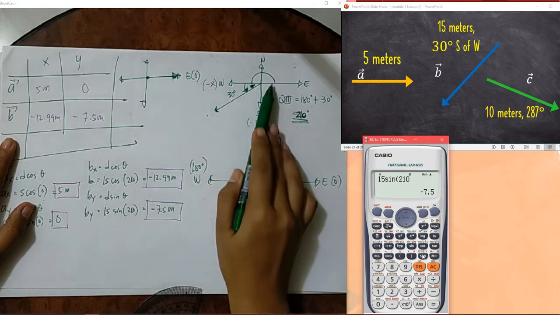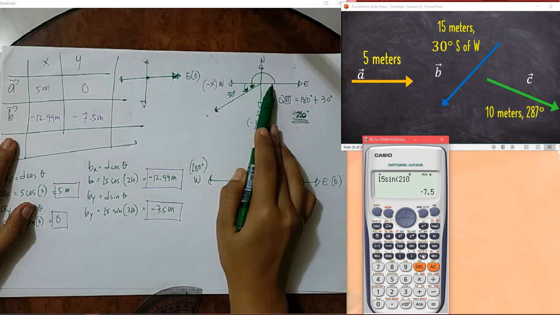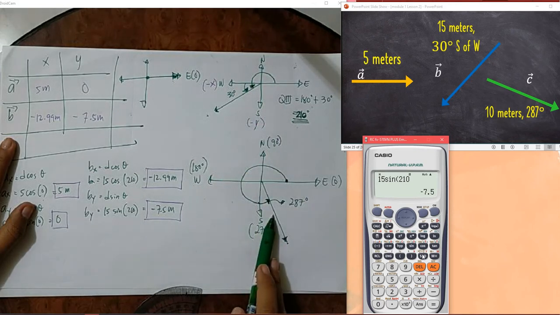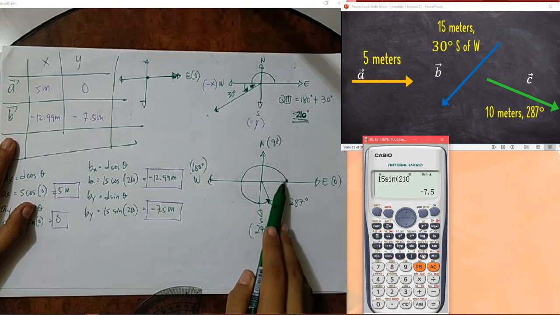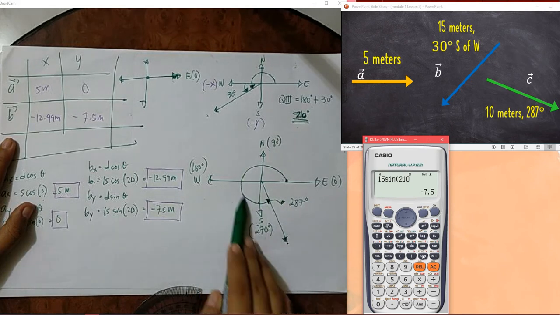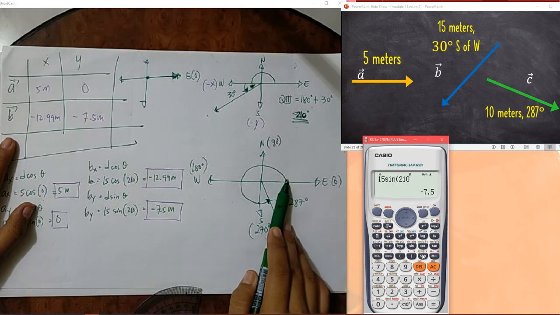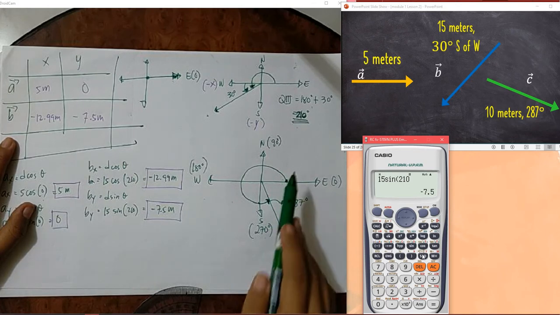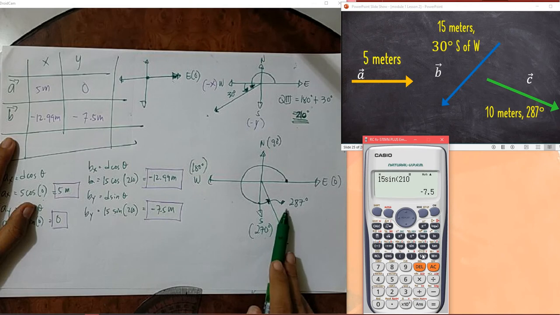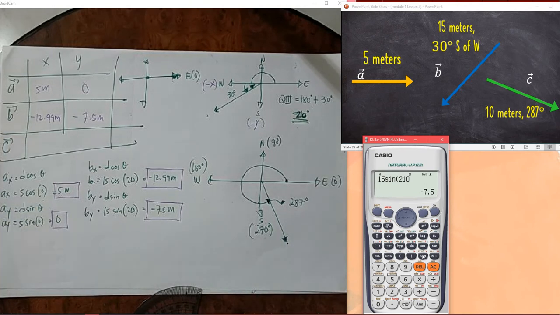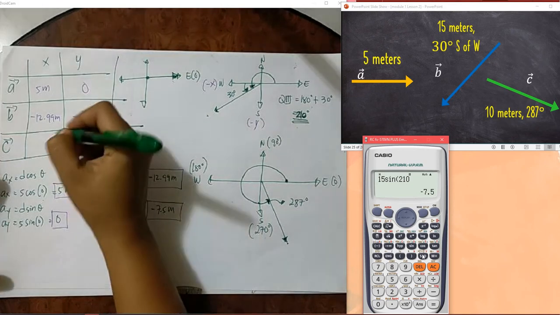So, this is 210 degrees. But for vector C, we no longer need to add or subtract, because it is already counterclockwise. What we will do is just automatically substitute this value in our equation in looking for the x and y component.